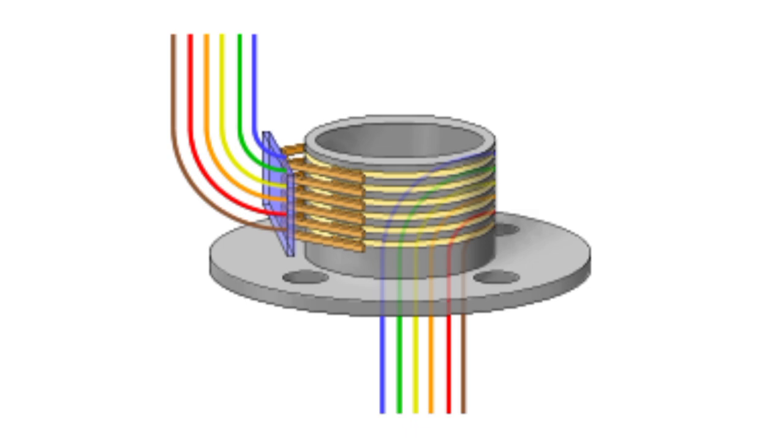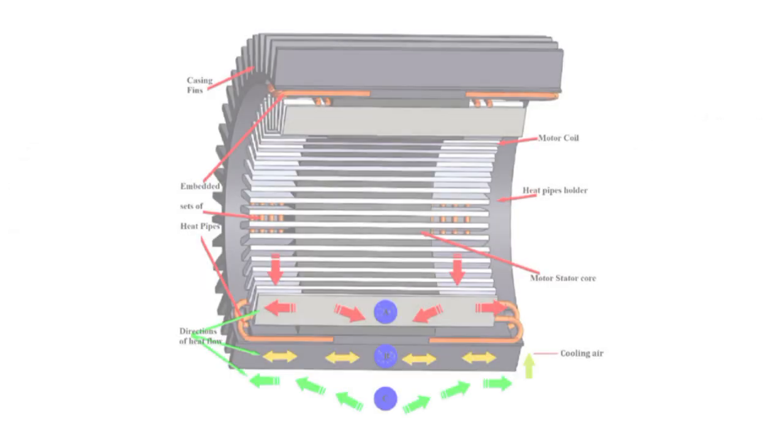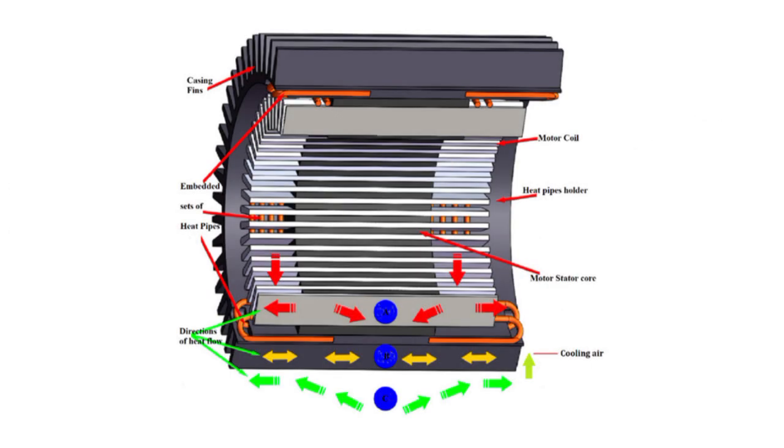Now let's talk about the most important part of a rotating machine, that is the cooling system. The cooling system is a very important part of a rotating machine, because without the cooling system the rotating machine may not sustain for a long time.